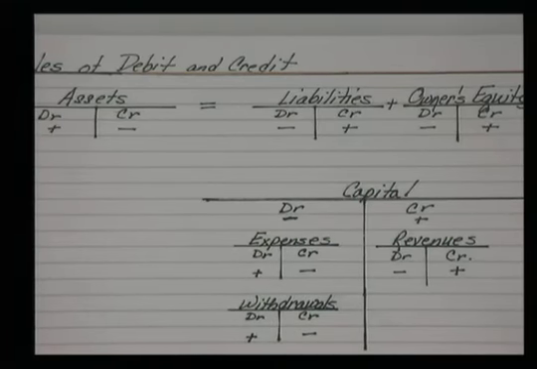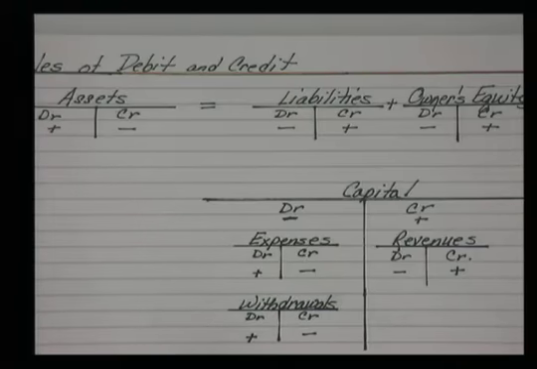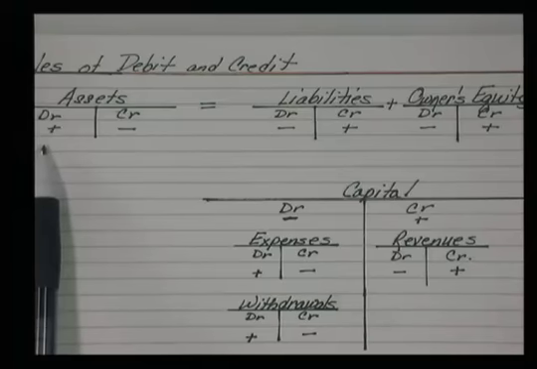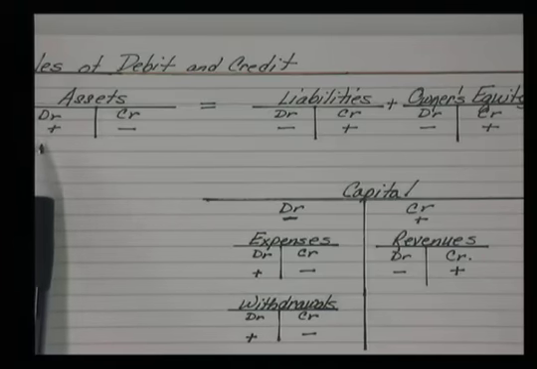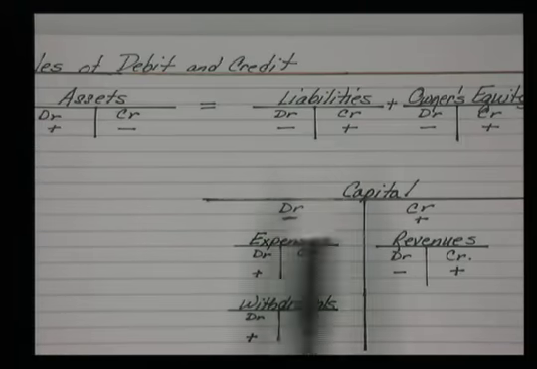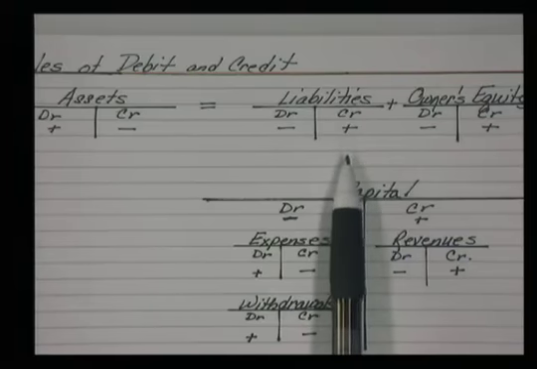You will notice that for any account, the side on which it is increased is also called its normal balance side. For example, assets are increased on the debit side, so assets have a normal debit balance. Liabilities are increased on the credit side, so they have a normal credit balance.